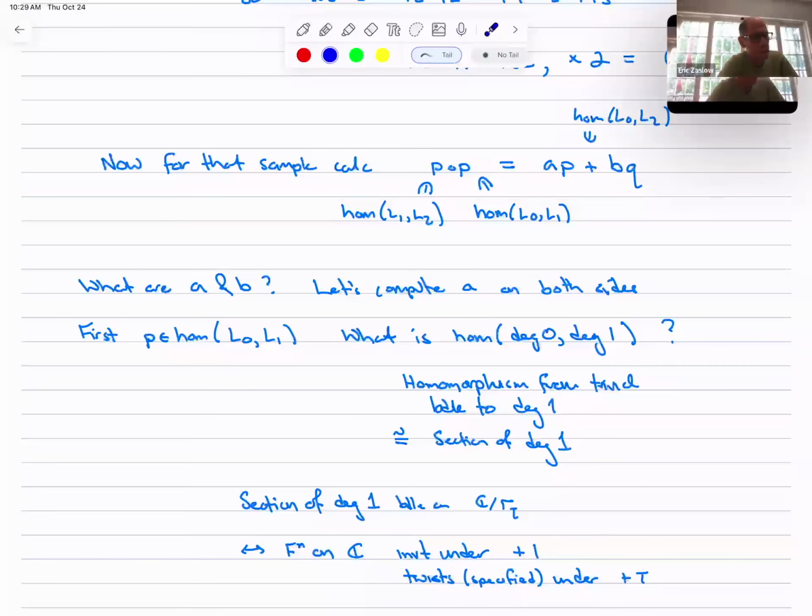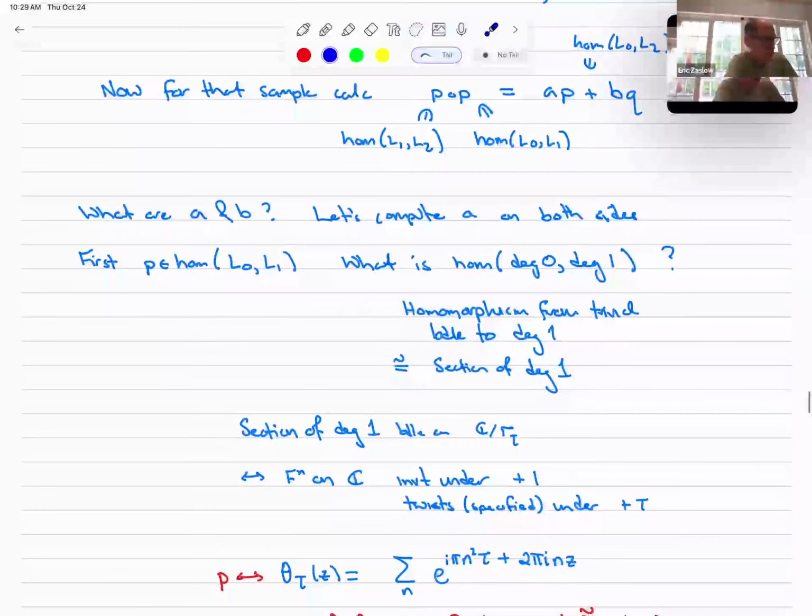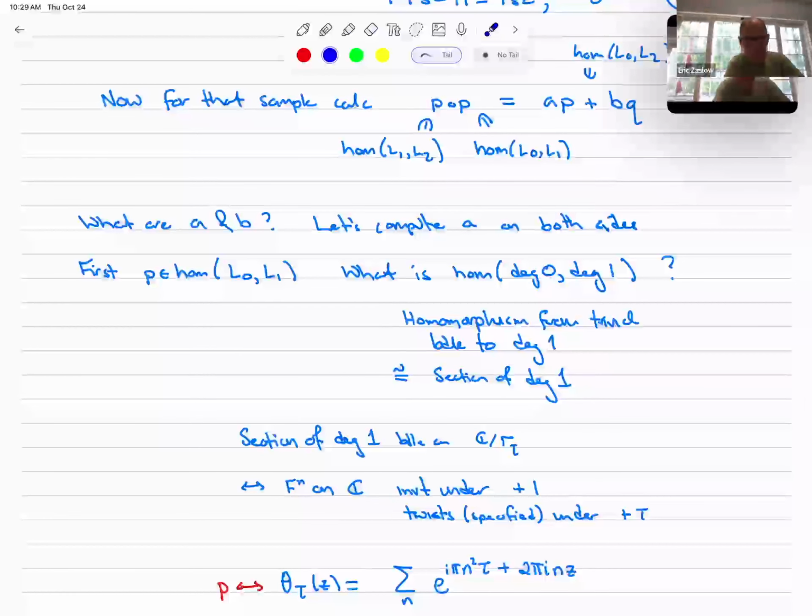A section of a non-trivial line bundle is something that doesn't have a double periodicity, but somehow twists around one of the loops. And those twists are specified under tau. So here's the answer. It's a famous function called the theta function. Won't go into that theory.